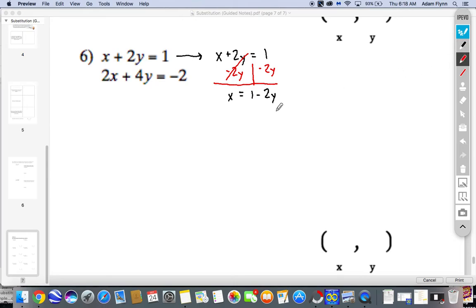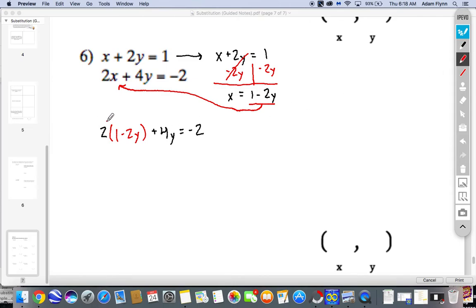Because I have the x isolated, I've got it equal to an expression. I can take this 1 minus 2y and plug it in for x in the bottom equation. So when I do that, I get 2, but instead of x, I have 1 minus 2y substituted in, followed by the rest of the equation. Plus 4y equals negative 2.